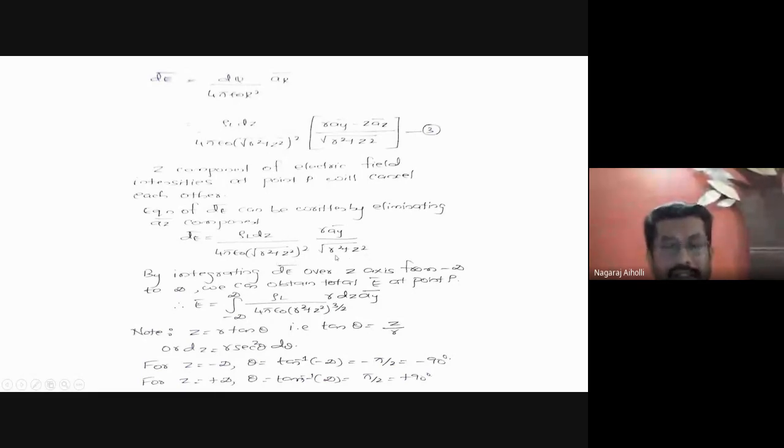That is r square plus z square raised to 1 into r square plus z square raised to 1 by 2. So 1 plus 1 by 2 is how much? 3 by 2.